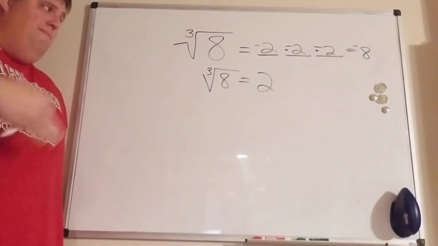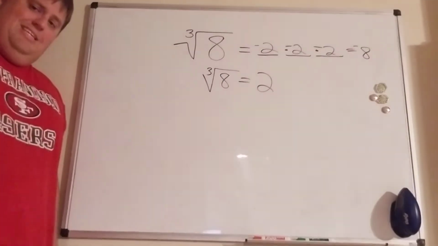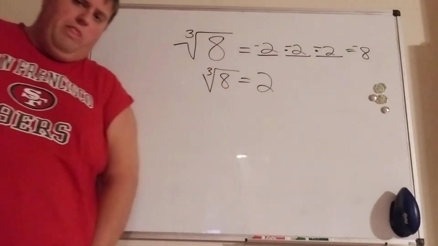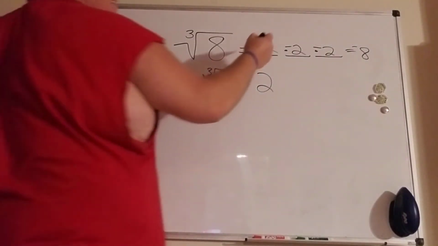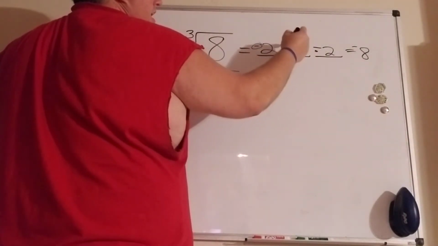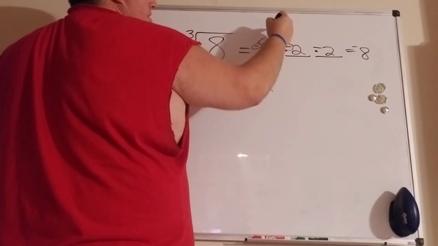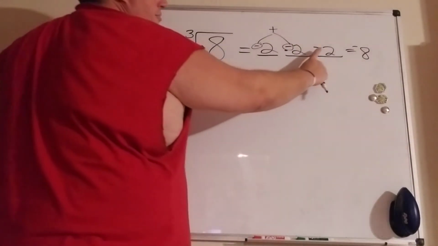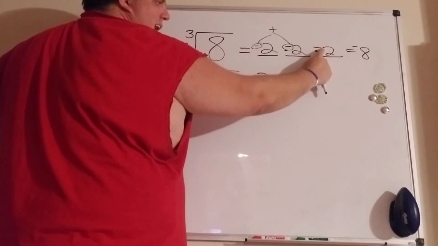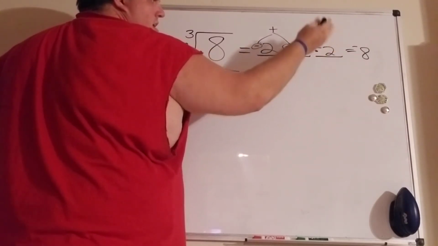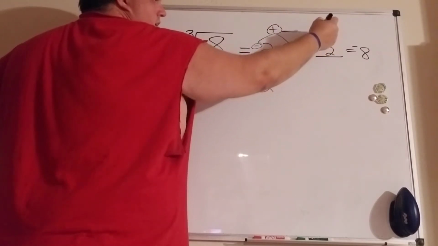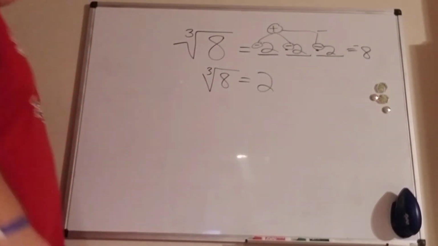So why does it matter if there's 3 of them or if there's 2 of them? Well, we know that a negative times a negative is going to give me a positive. The problem is if there's 3, there's an extra negative here. And we know that a negative times a positive is going to get us a negative.